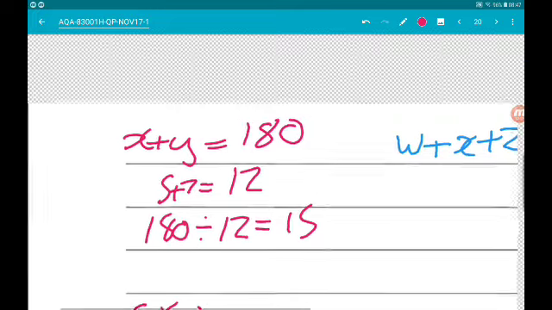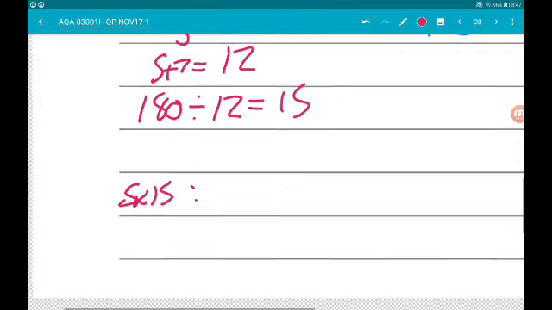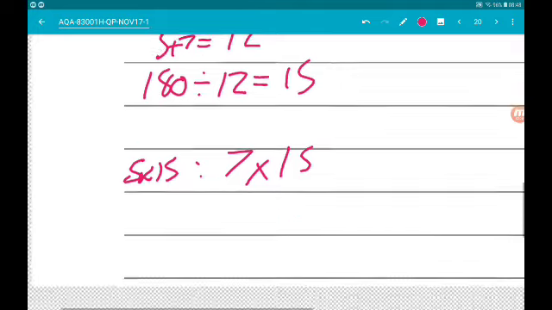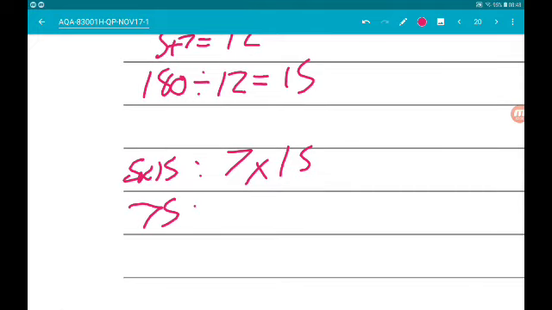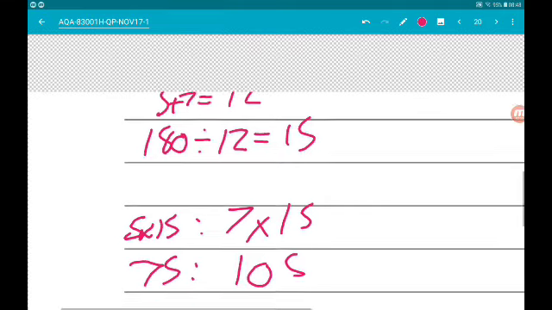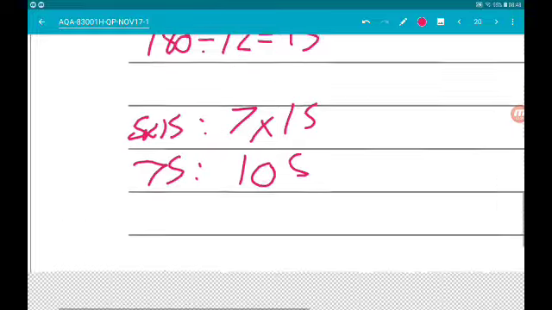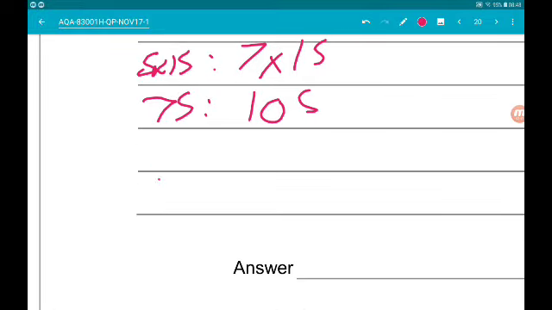So we got 5 times 15 to 7 times 15. So we got 75 to 105. Now that tells us then x is 75.